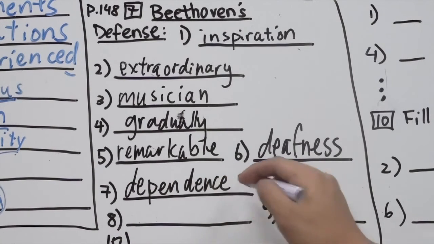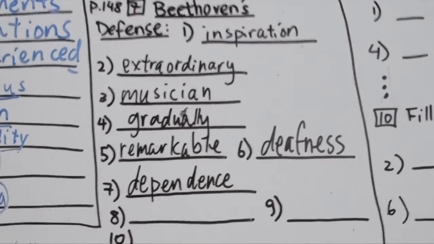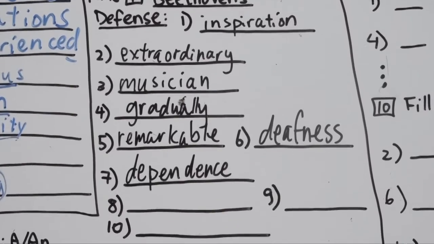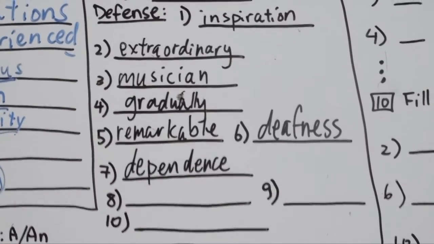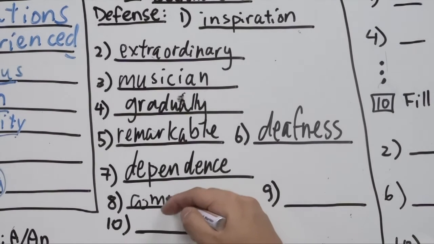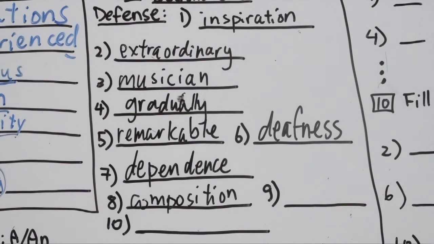Dependence. So what does dependence mean? Without being or relying on someone. He did this by selling his compose, verb, change it to noun. Compose becomes composition, right? Composition. Something he made, right? Something he composed. To publishers by attracting a number of patrons.